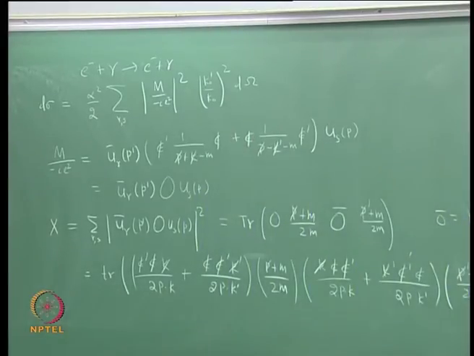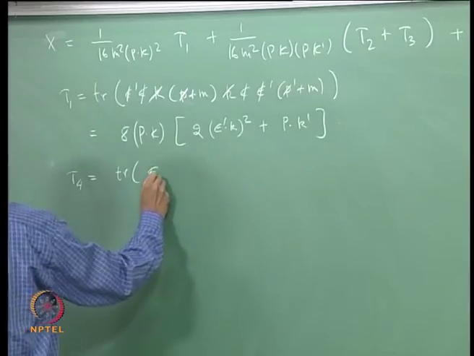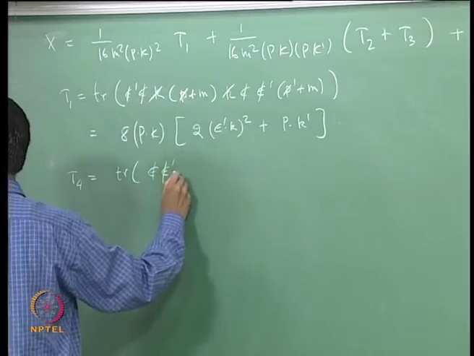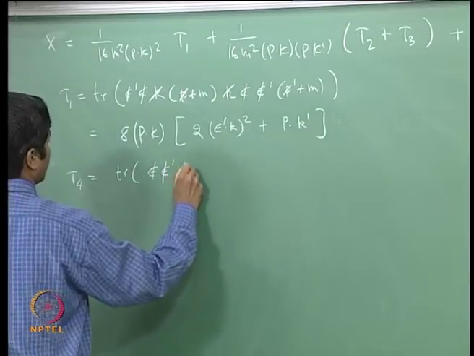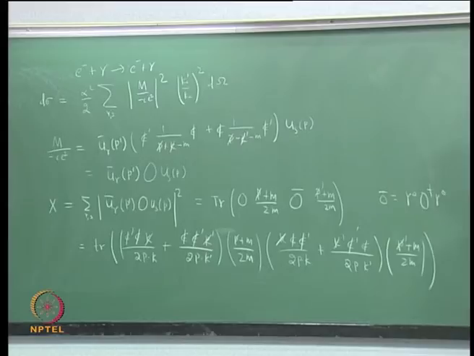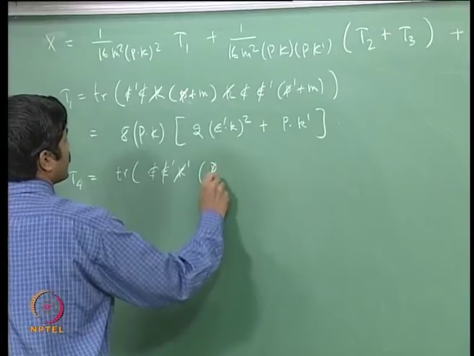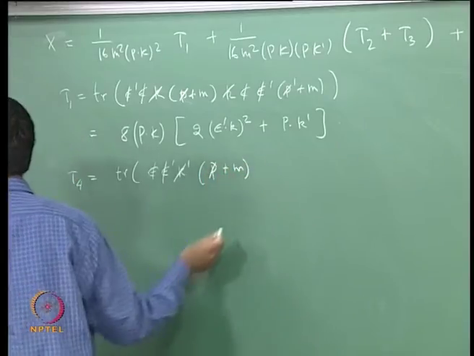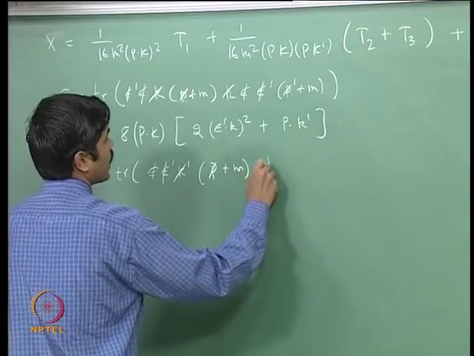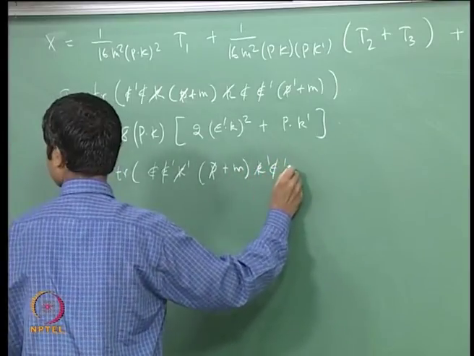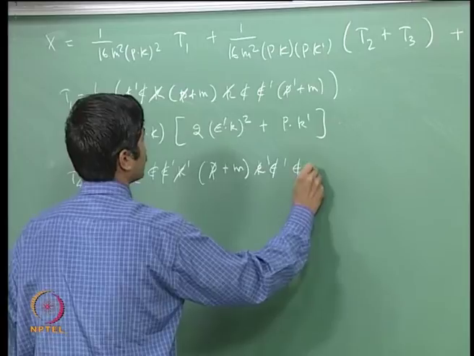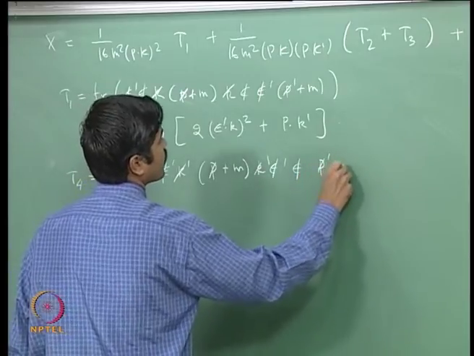So, ε-slash ε′-slash k′-slash, then p-slash + m, k′-slash ε′-slash ε-slash p′-slash + m.